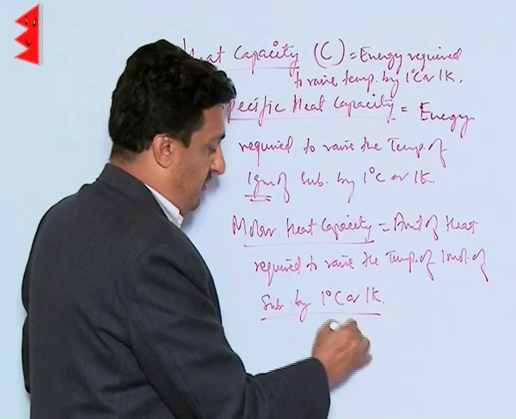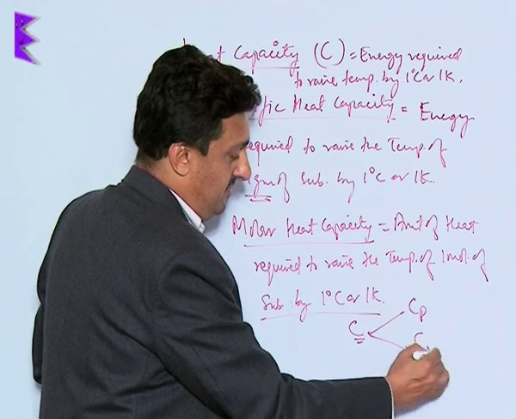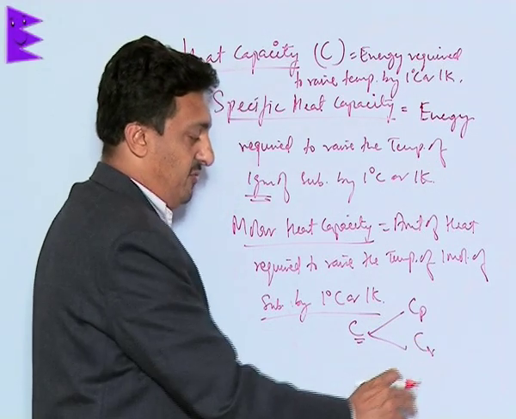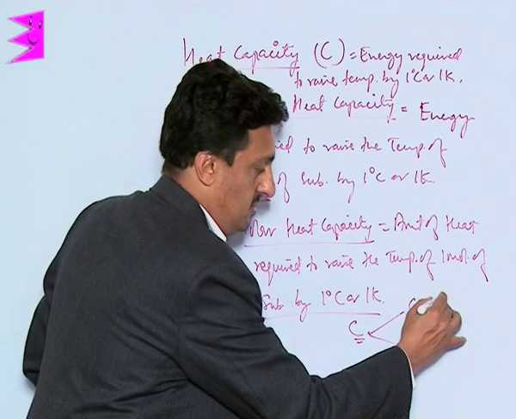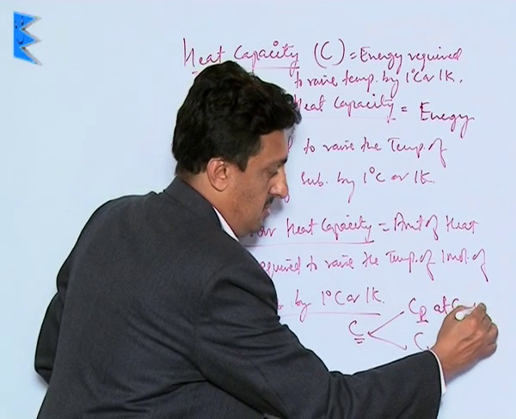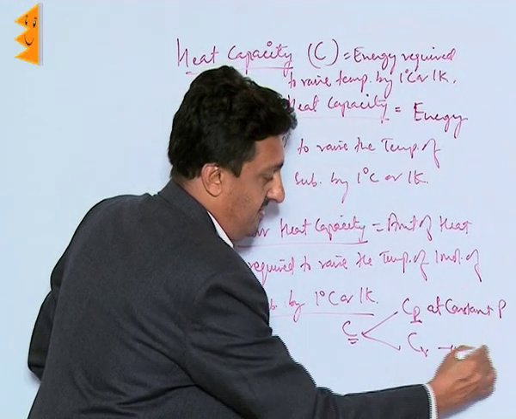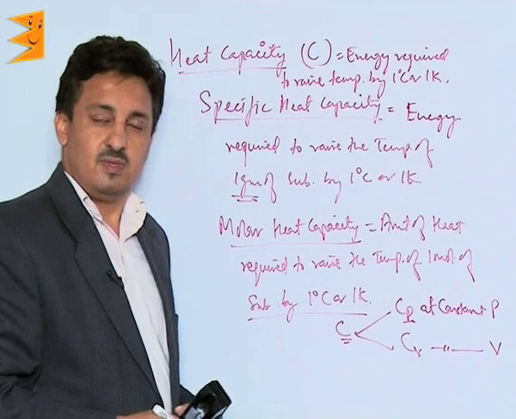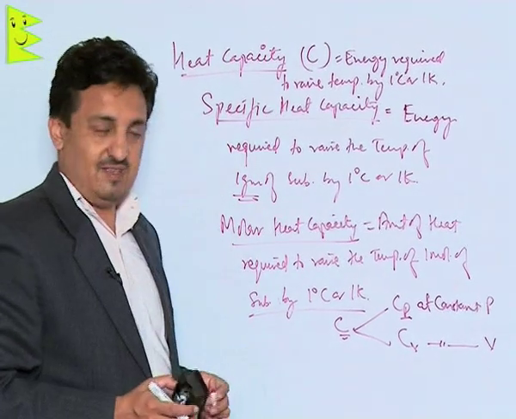It is of two types, Cp and Cv. Cp is molar heat capacity at constant pressure, and Cv is at constant volume.